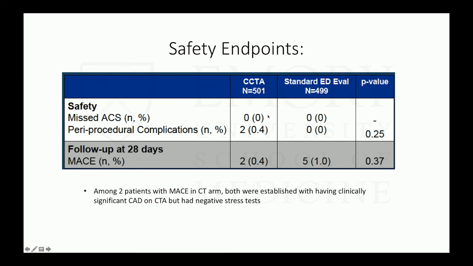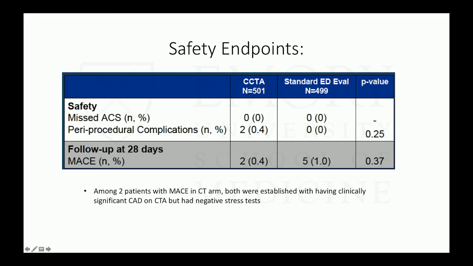Safety endpoints, again, in either arm in this, I would say, lower risk cohort for ACS, there were no missed events of ACS. The two peri-procedural complications in CTA were one an AKI related to obstructive hydronephrosis, and the other was someone that actually had an anomalous coronary and underwent a bypass surgery but had some perioperative bleeding.